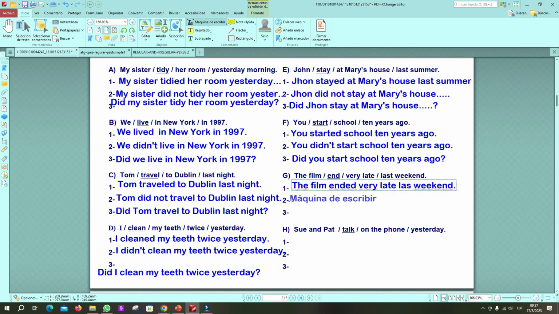What about the negative one? The film didn't end very late last week. Okay. That's my bad.